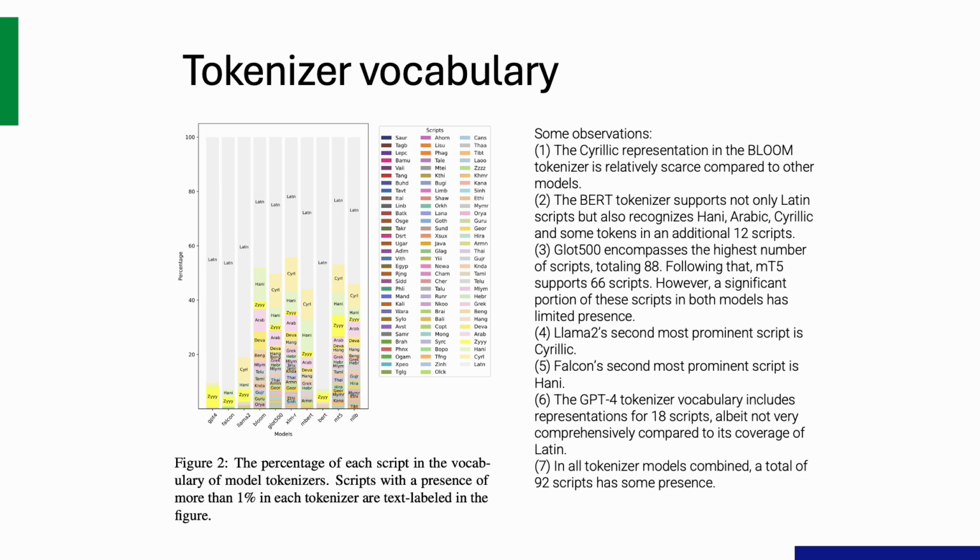And we found, for example, GPT-4 includes representation for 18 scripts. All of the models include the representation for 92 scripts, and the most multi-script supported tokenizer is GlotScript with 88, and the second one is MT5 with 66 scripts.